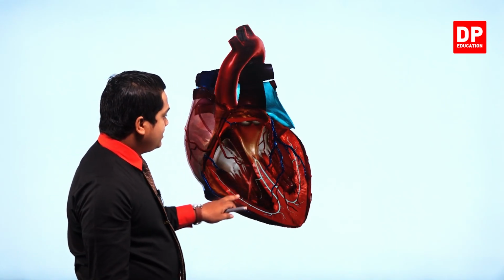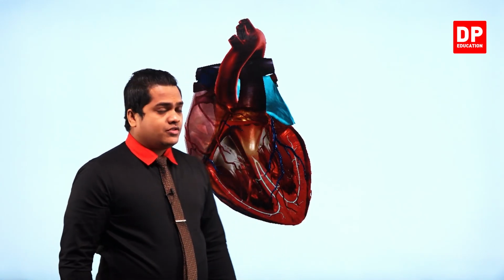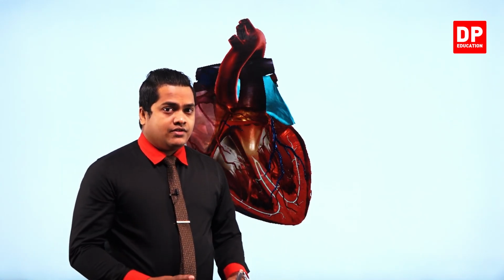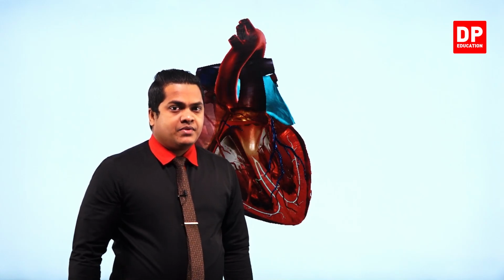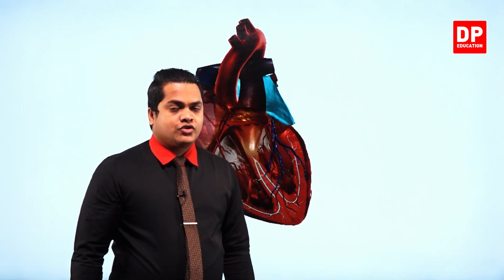So my dear children, we studied the parts of the heart by using a longitudinal section, and by using this diagram, the 3D array or 3D software also, we studied about the heart and the main parts and their functions.